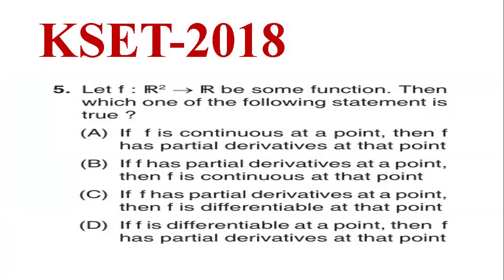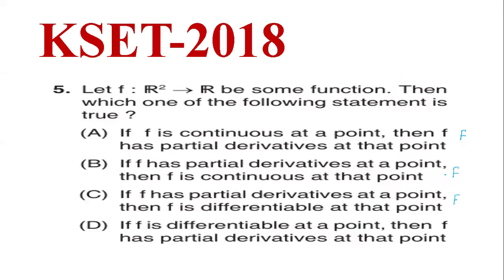If a function f is continuous at a point, then f has partial derivative at that point. This is false. If f has partial derivatives at a point, then f is continuous at that point. This is also false, because we already checked. Now, if f has partial derivative at a point, then f is differentiable at that point. Here, f is not continuous, and not continuous implies not differentiable.